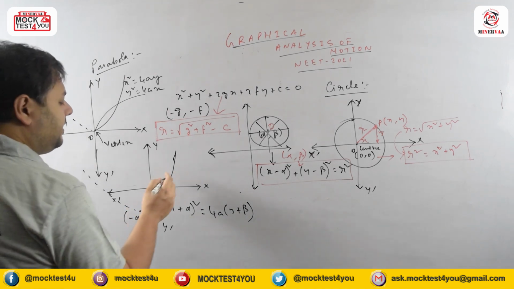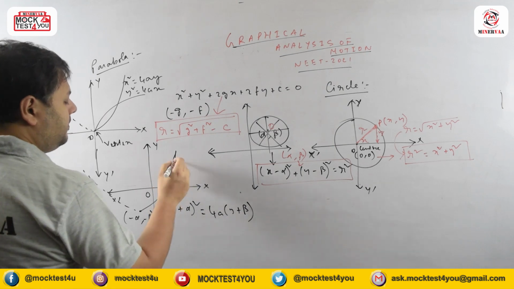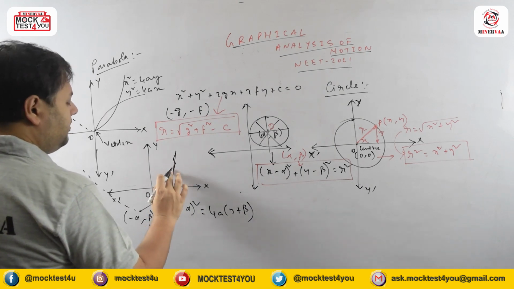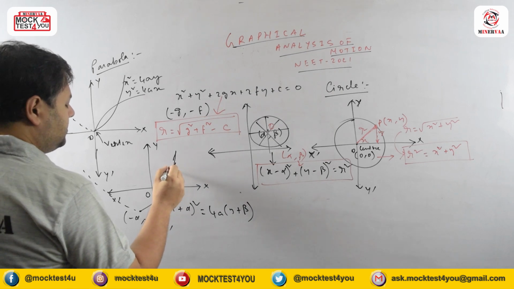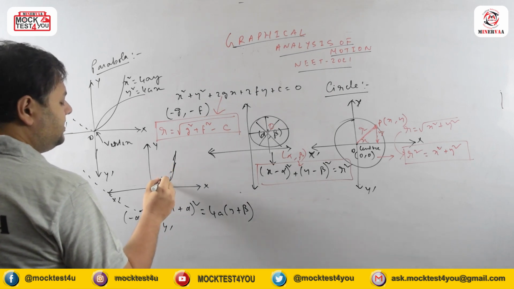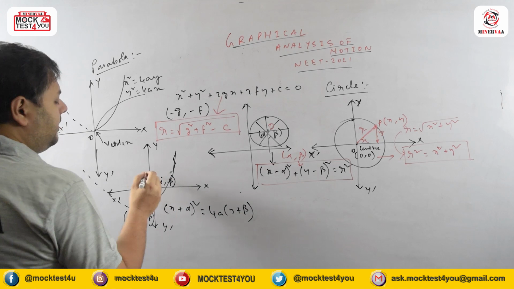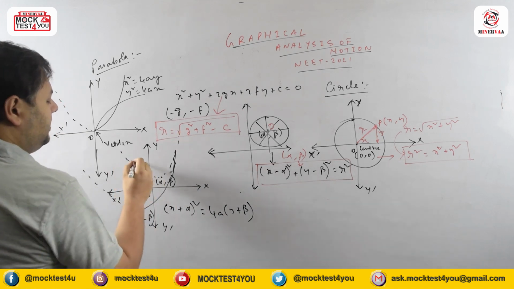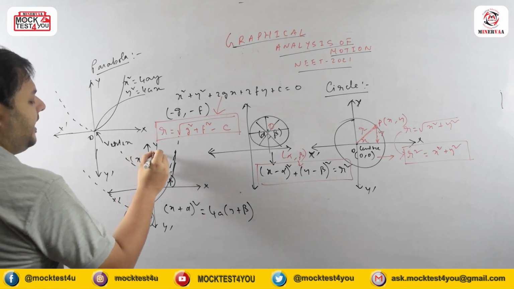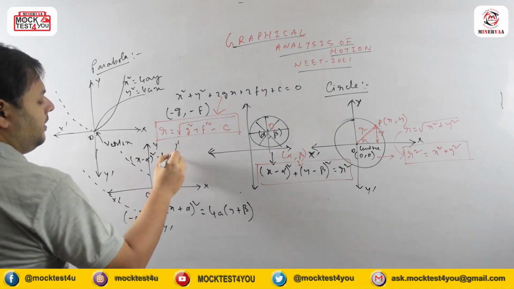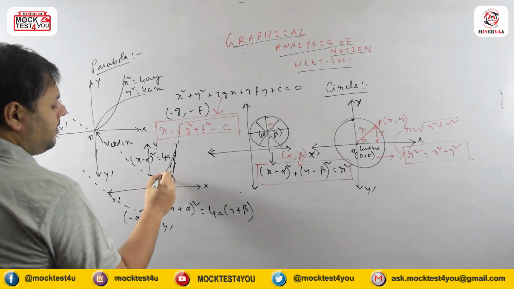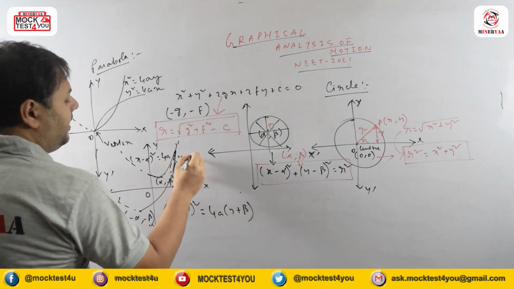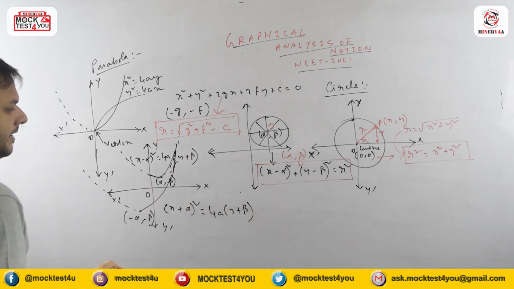Suppose the vertex was here, suppose this is a point alpha, beta, then if the parabola was like this, it will have the equation x minus alpha whole square equals 4a into y plus beta.